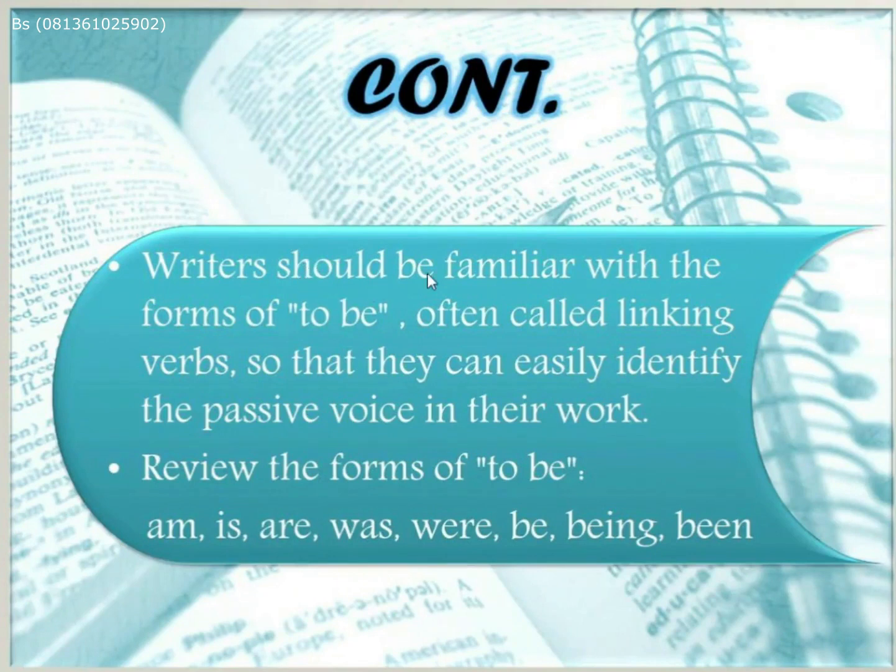Writers should be familiar with the forms of to be, which are linking verbs, so they can easily identify the passive voice in their work. Forms of to be are am, is, are, was, were, be, being, and been.